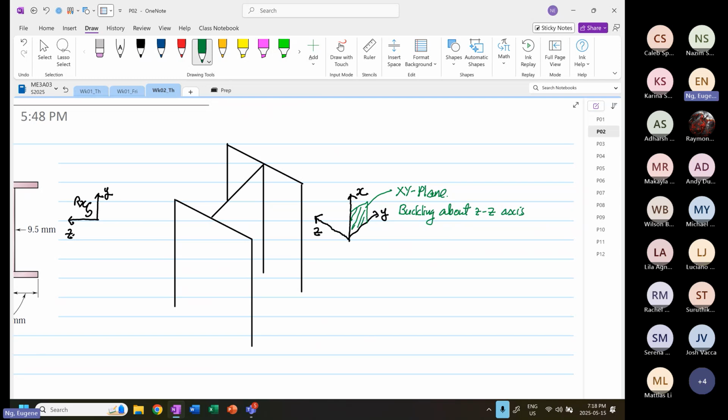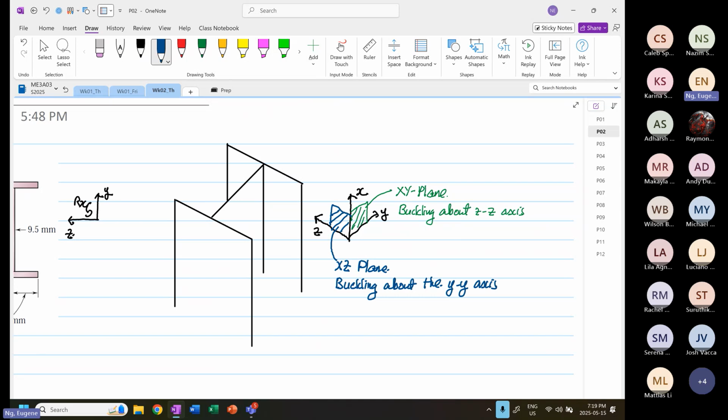Okay, and then another plane that it could buckle is it could buckle about this plane, and this plane we call it our XZ plane, and we also call it buckling about the YY axis.